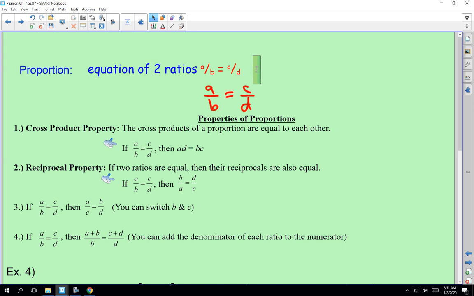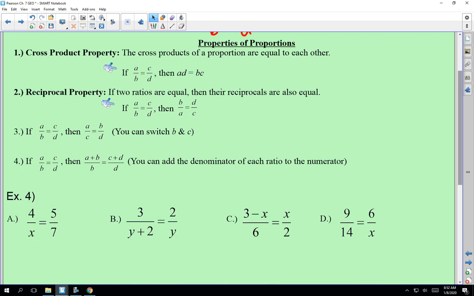It's really helpful. And then this one right here, if A over B equals C over D, then A plus B over B equals C plus D over D. The reason that works is that here's what I'm actually doing. I'll write it down for you here. I have A over B, and I am adding B over B to it.